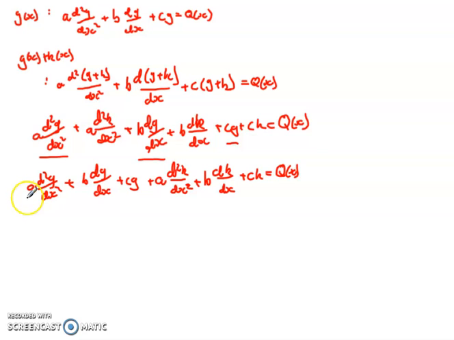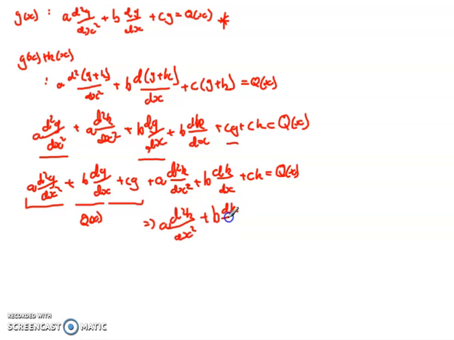Now I notice that the g part comes from the first equation, where I told you that g is a particular solution. So I know g of x satisfies that equation, which means all of this is the equivalent of q of x. That means a d2k by dx squared plus b dk by dx plus ck plus q of x, coming from this part here, equals the q of x on this side.